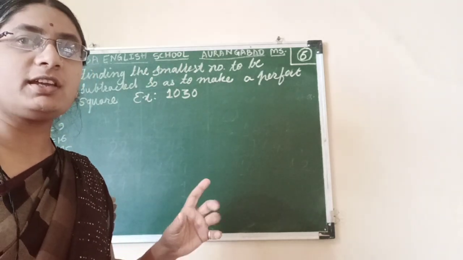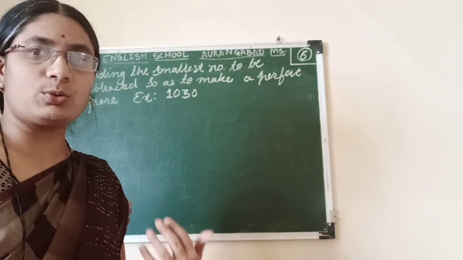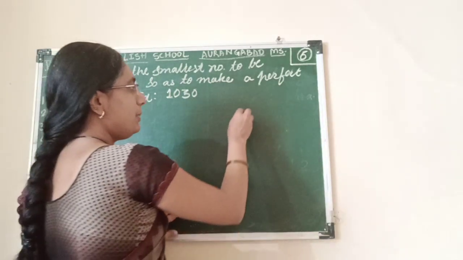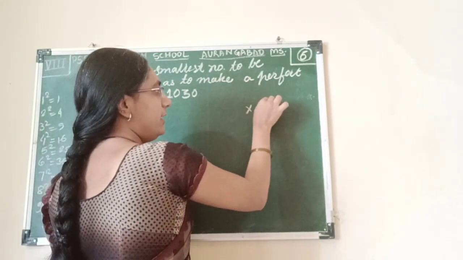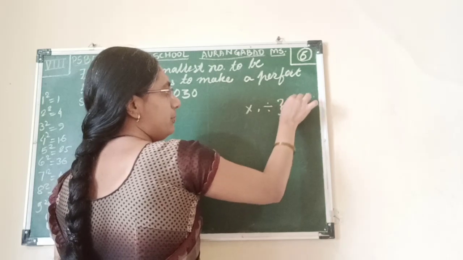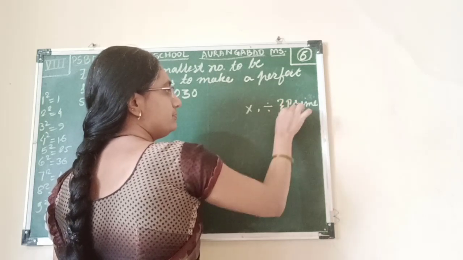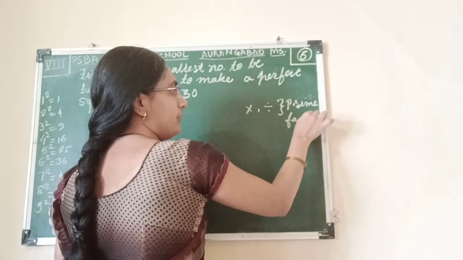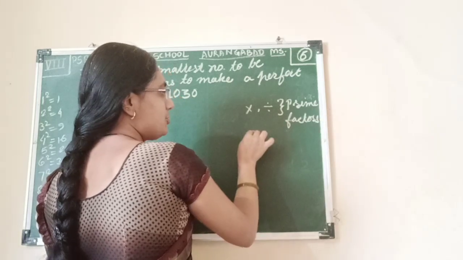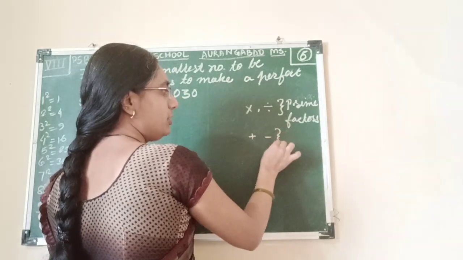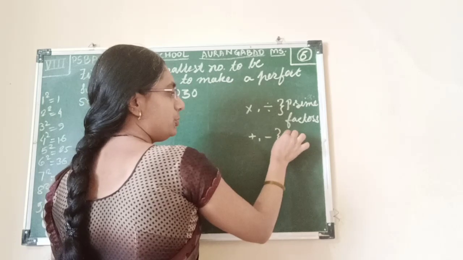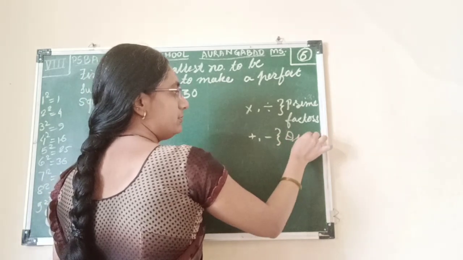Okay, yesterday and in the morning lecture also we have seen if it is to be multiplied and divided, we need to find prime factors. And if it is to be added or subtracted, we need to use the division method.